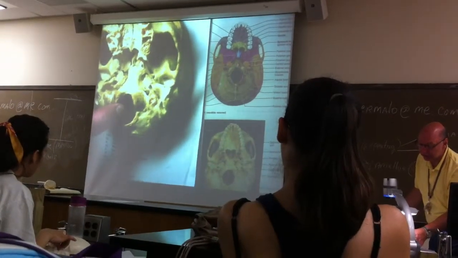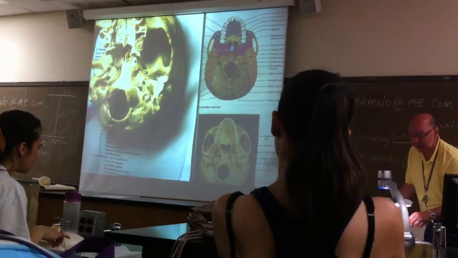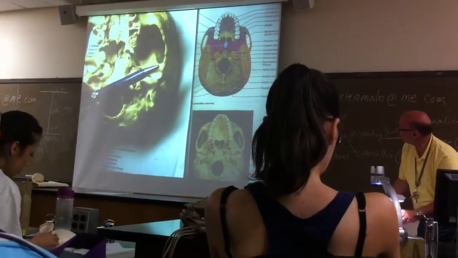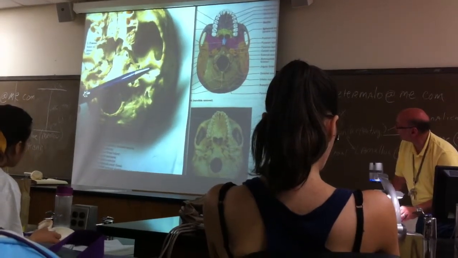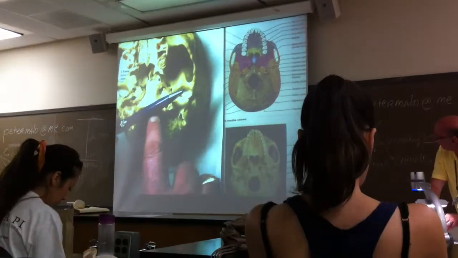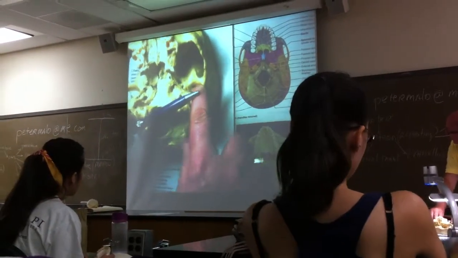So hopefully your mind's eye will have a line that looks like this, starting from the center of the foramen magnum, going out and ending with the mandibular fossa.